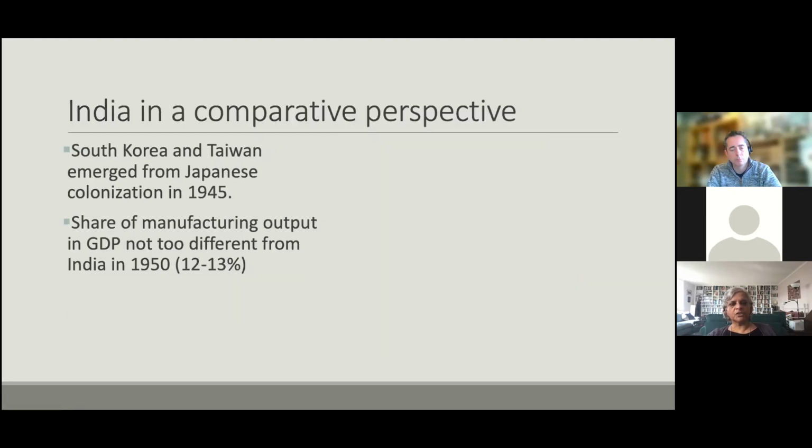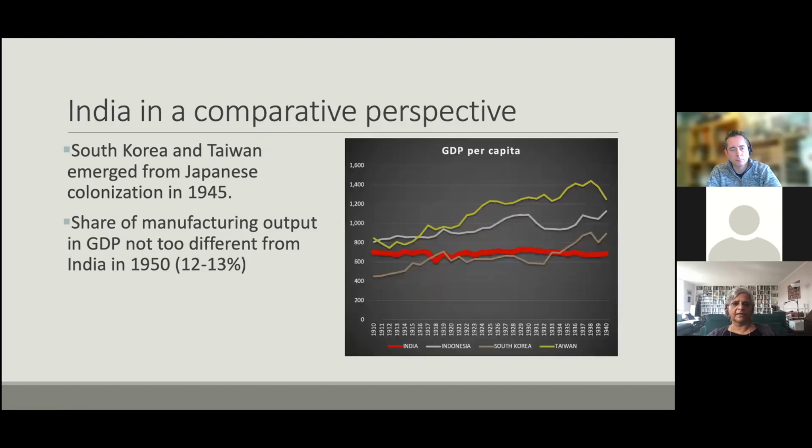In comparison to other colonies which emerged from colonization in 1945, India's share of manufacturing in total GDP was not very different from that of South Korea or Taiwan. And here is a graph of GDP per capita of India in red in comparison with these other countries. And they don't look that different during the first half of the 20th century.